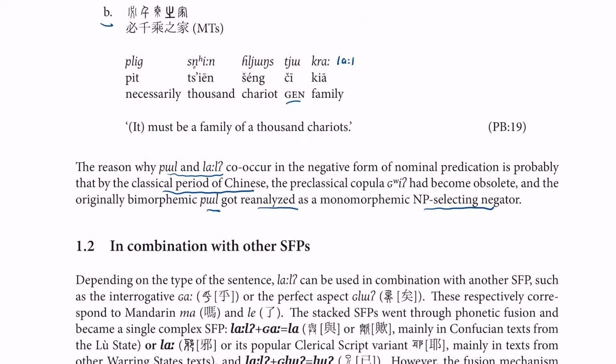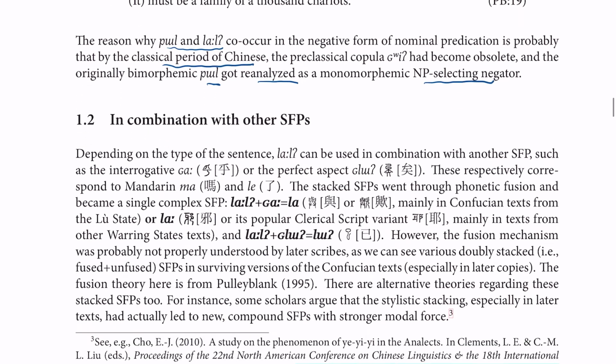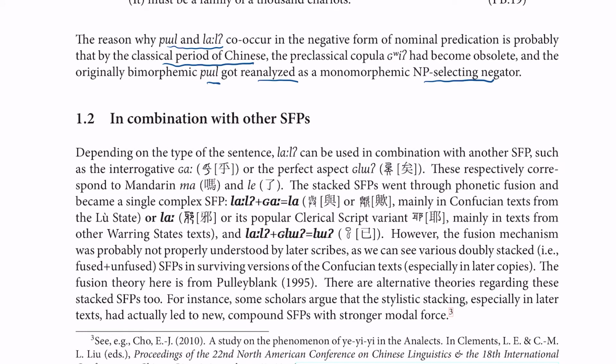Now let's turn to the use of the final particle lao in combination with other sentence final particles. So depending on the type of the sentence, lao can be used in combination with another sentence final particle, such as the interrogative ga or the perfect aspect glu.